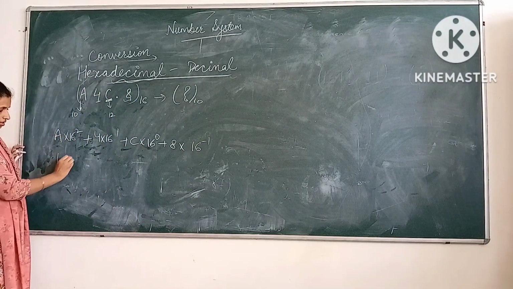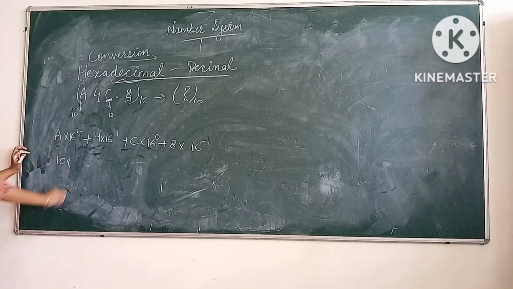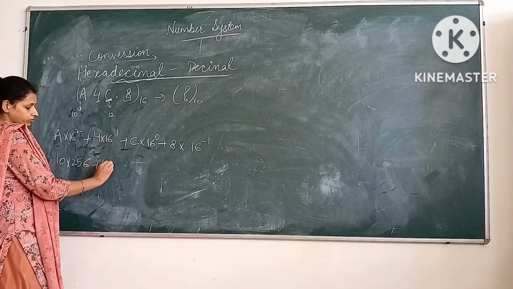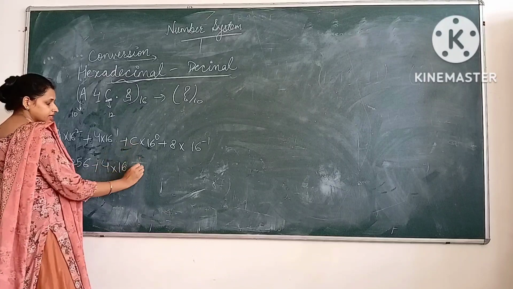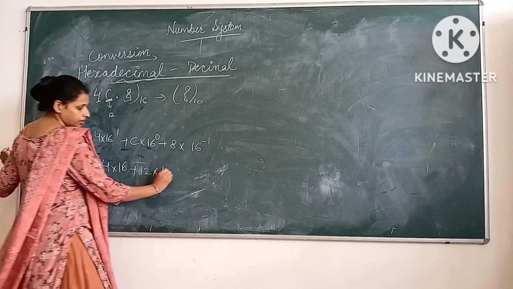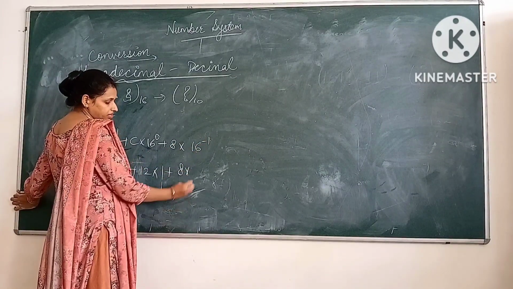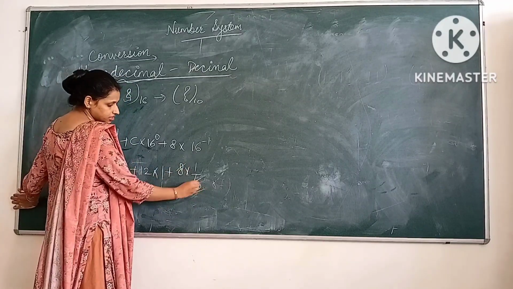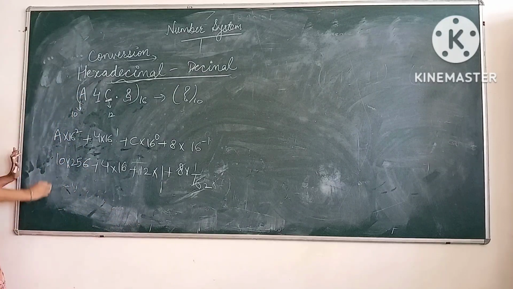A is 10, 16 into 16 is 256. 4 into 16 raised to power 1 is 16, C is 12, 16 raised to power 0 is 1, plus 8, 16 raised to power minus 1 means 1 by 16. So 8 divided by 16.